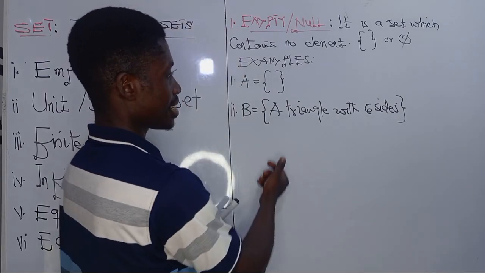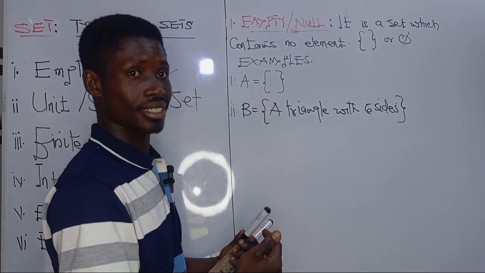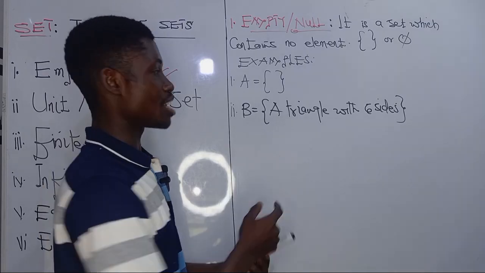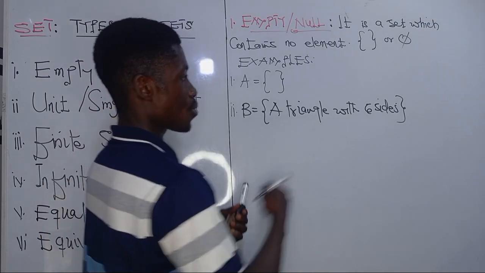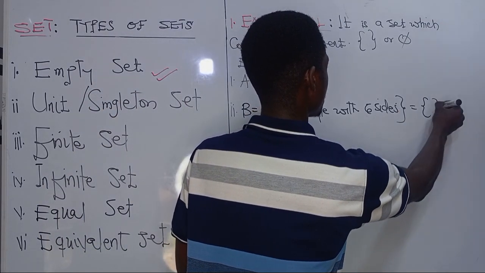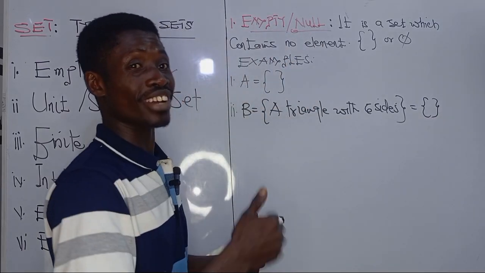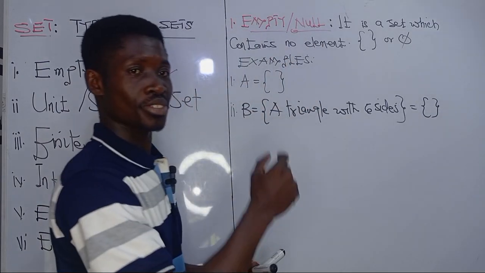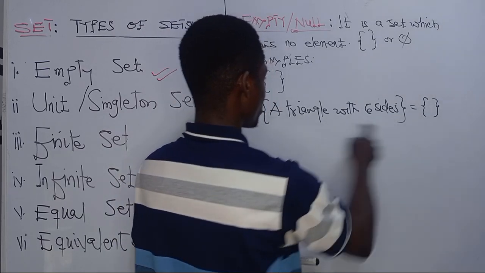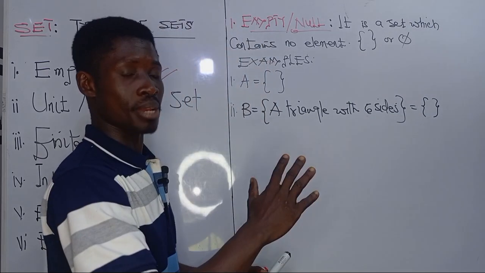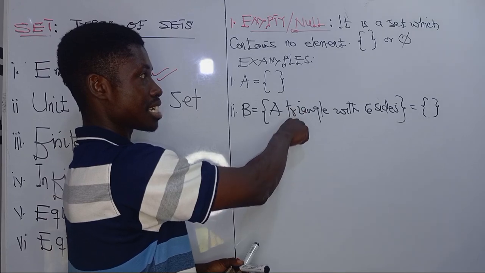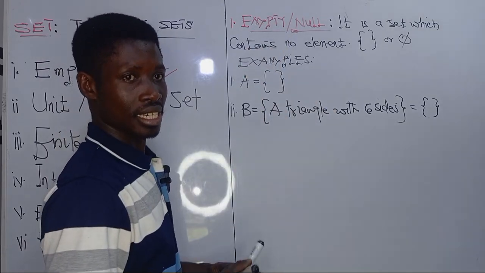So we can look at a triangle with 6 sides. So if we have to list the elements for this particular set, we are going to get what? An empty set, because we don't have any triangle with 6 sides. So after listing the elements for this particular set, we are going to get no element, and therefore this set becomes what? An empty set.